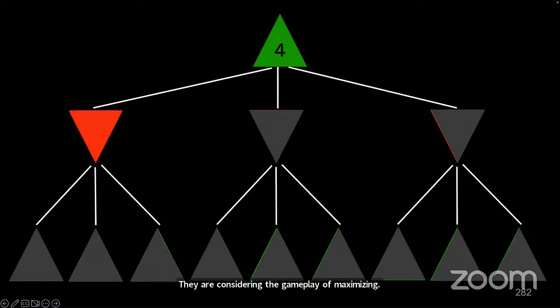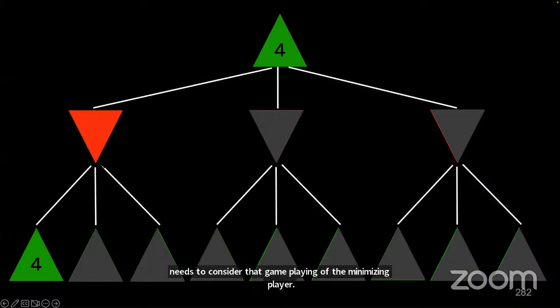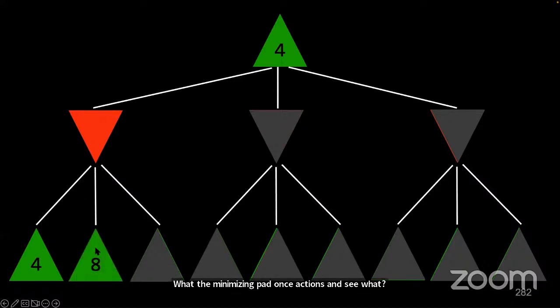It has 3 possible moves. For the first move, it now needs to consider the gameplay of the minimizing player, while the minimizing player considers its actions and sees what value the maximizing player gets, and from these three values it picks the 4 because it is the minimum of these three values. Now the max player knows that one of its actions might lead to value 4.